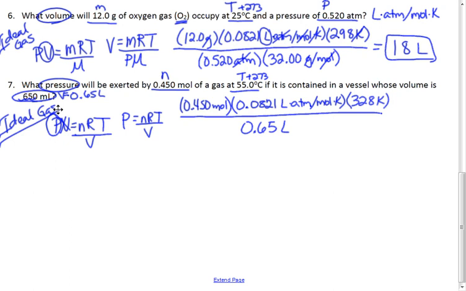And we'll round our answer to 2 significant digits because of that 650. Our liter units will reduce, our moles will reduce, and our Kelvin will reduce. So we'll be left with atmospheres, which is a good pressure unit. And we end up with 19 of those atmospheres. They are not ATMs, they are atmospheres.